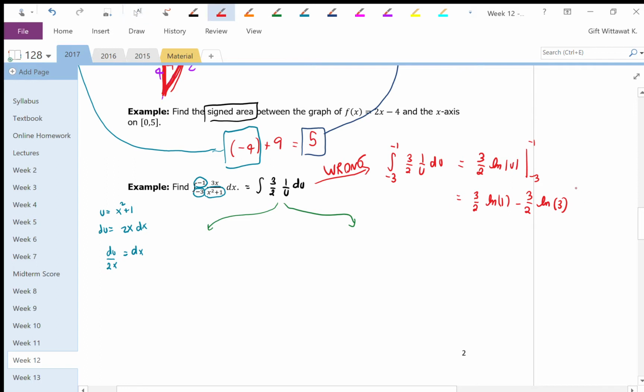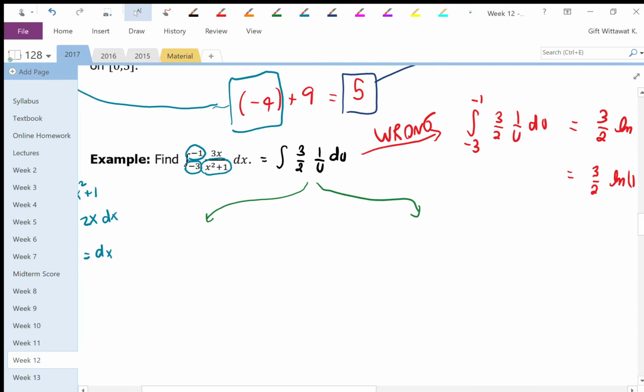So once again, this is the wrong way of doing that, and that's because -3 and -1 are the values of x. But when you change your variable to u, then u is no longer going from -3 to -1. So you need to make the corresponding change.